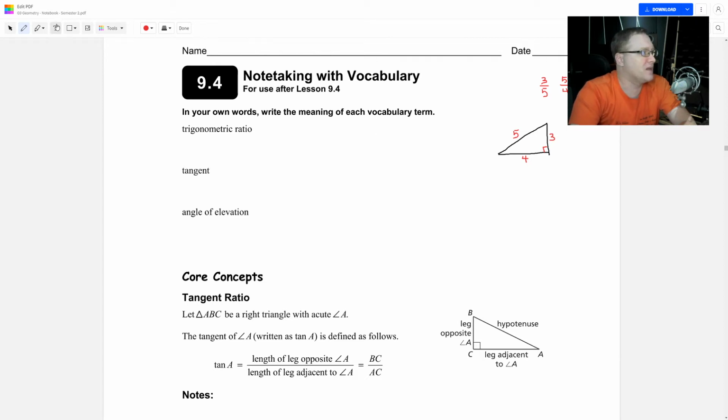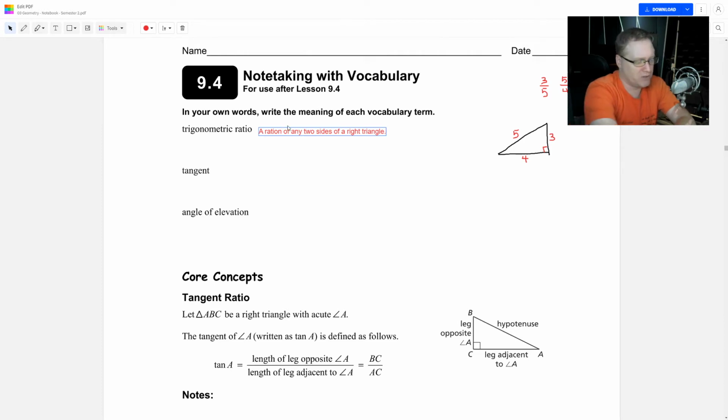All right, so I'm going to write that definition down real quickly. I'm going to write it right here. So a trigonometric ratio is a ratio of any two sides of a right triangle. All right, that is a trigonometric ratio.